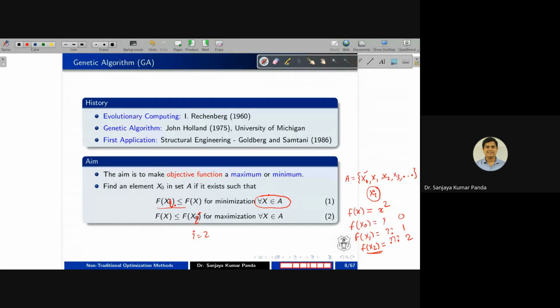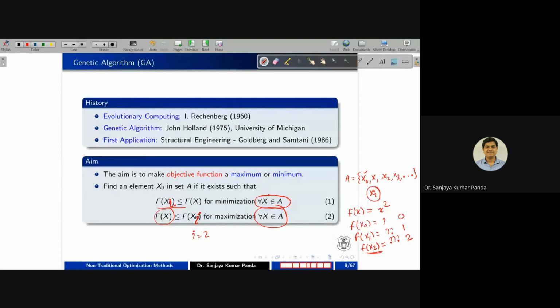In all other cases, you will get a lesser value, for all values belonging to A. Then we call that problem a maximization problem, right? In the minimization problem case, we prefer the lesser value. In the maximization problem case, we target the maximum value.